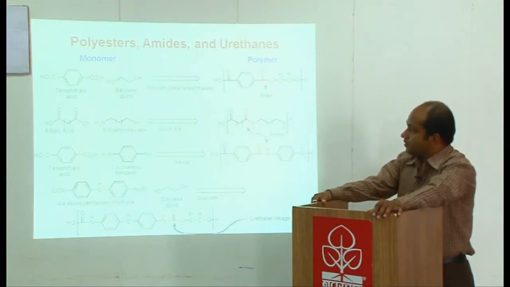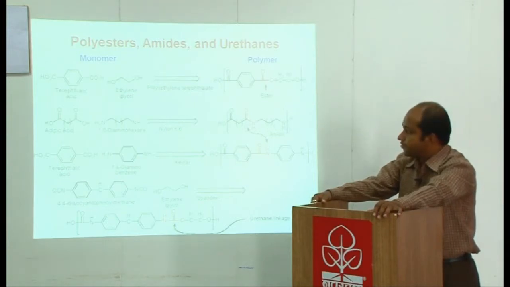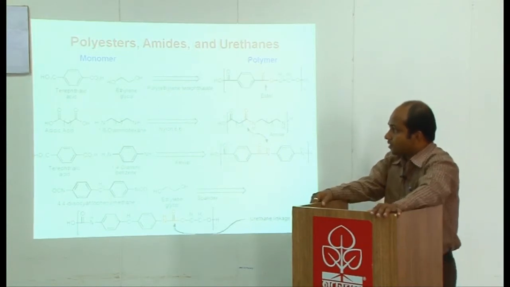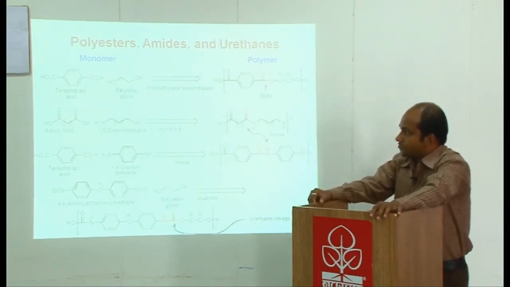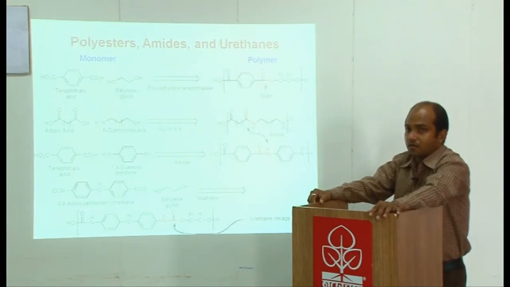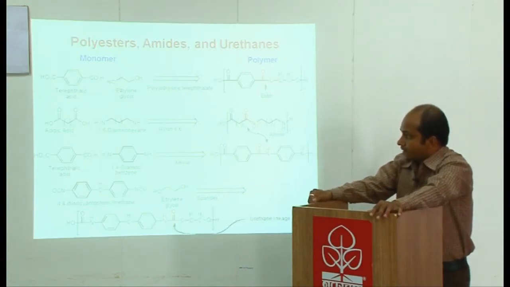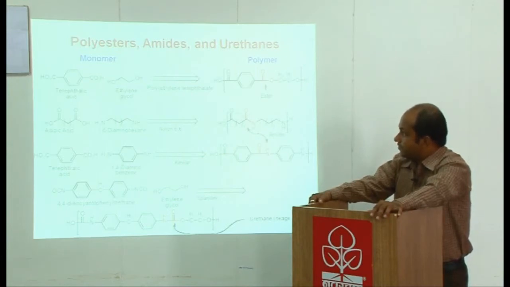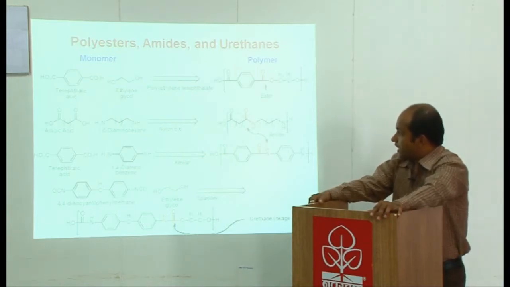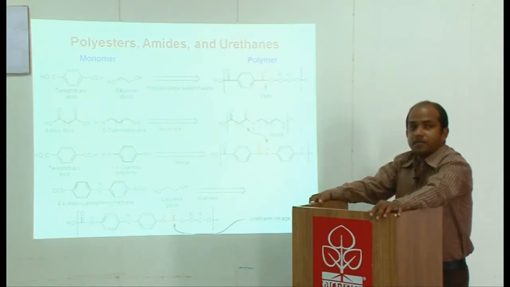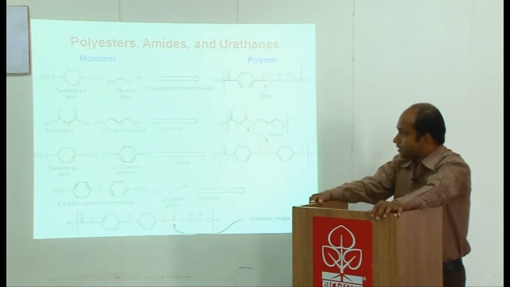A very common polymer which is important in the industry is nylon 66. The monomers, or the raw material, for the formation of nylon 66 are adipic acid and 1,6-diaminohexane. So you have an addition reaction forming an amide linkage resulting in nylon 66.